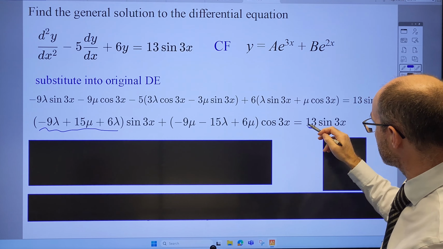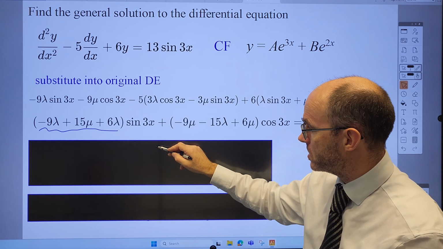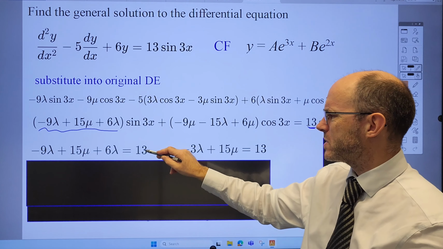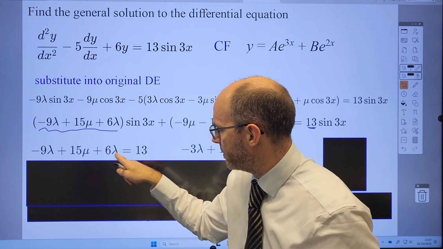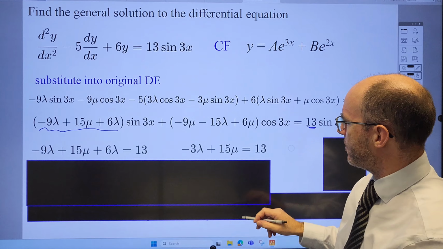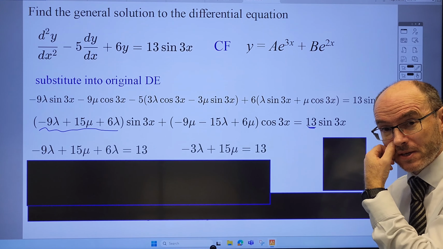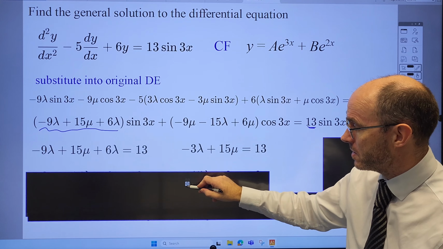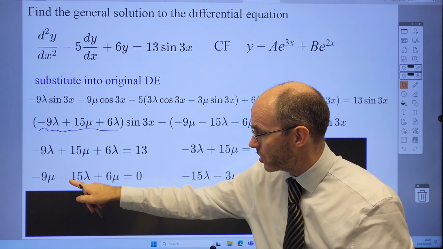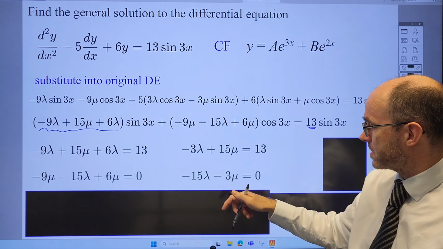So the bracket there must be equal to 13. Of course that simplifies a little bit. And this one here must be 0 because you've got no cosine 3x term there. That will simplify again because you've got mu there, so that simplifies to this line.